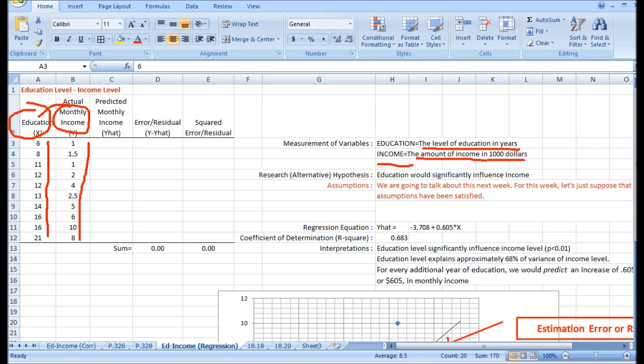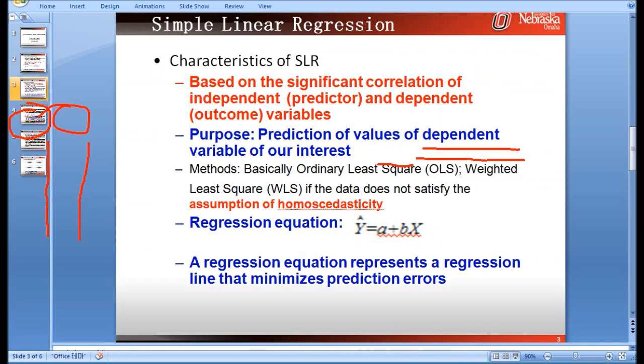Now we are going to do a regression analysis using this data set. The purpose of a regression analysis again is to identify the intercept and the slope or regression coefficient of the regression equation.